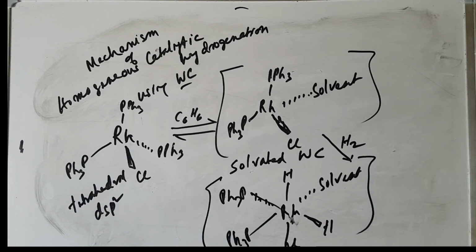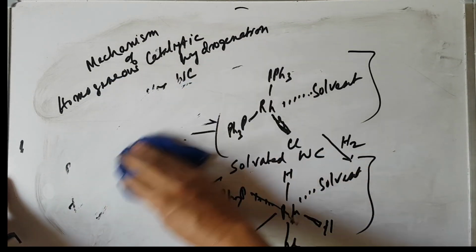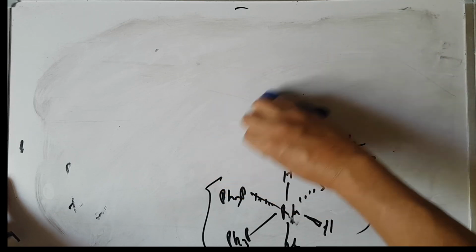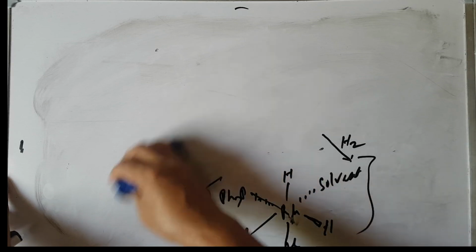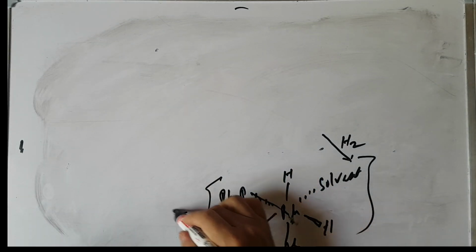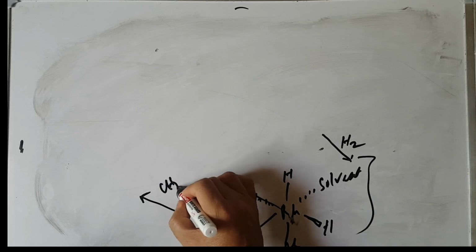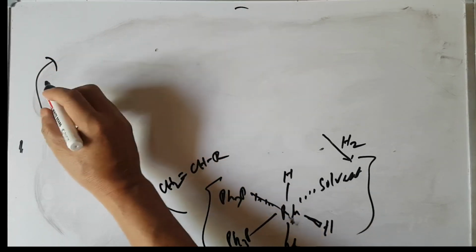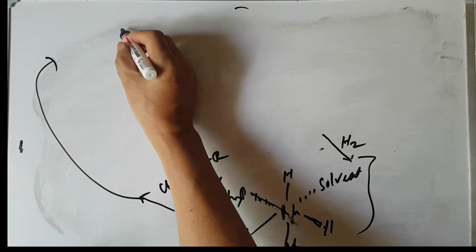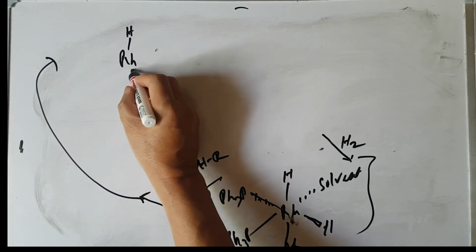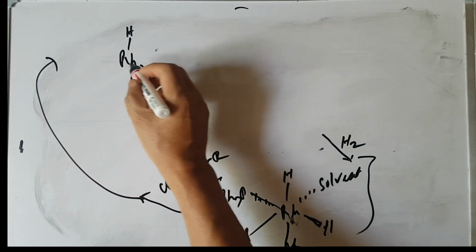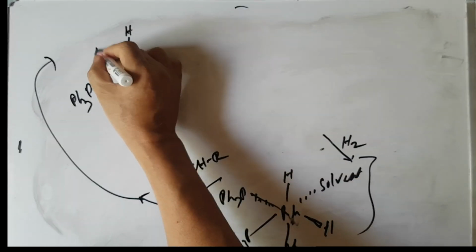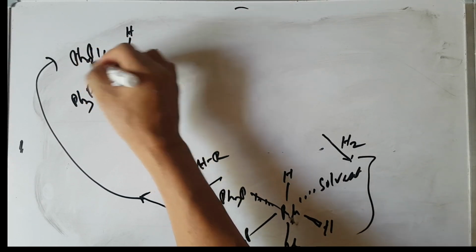Now this compound reacts with an olefinic compound, CH2=CHR. I will show it here: rhodium, hydrogen, the chloride, this hydrogen here, and PPh3, another PPh3, triphenylphosphine.